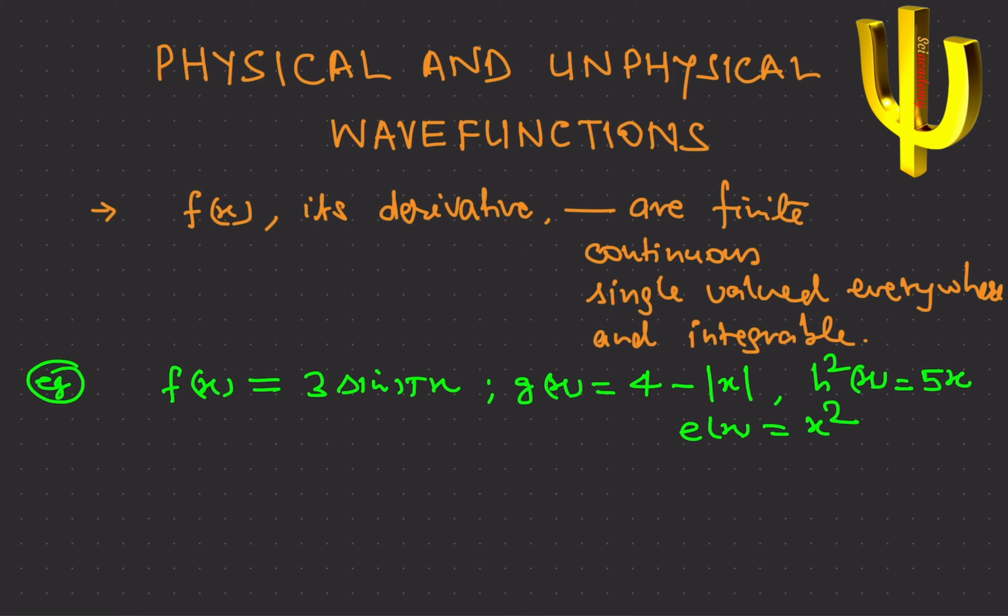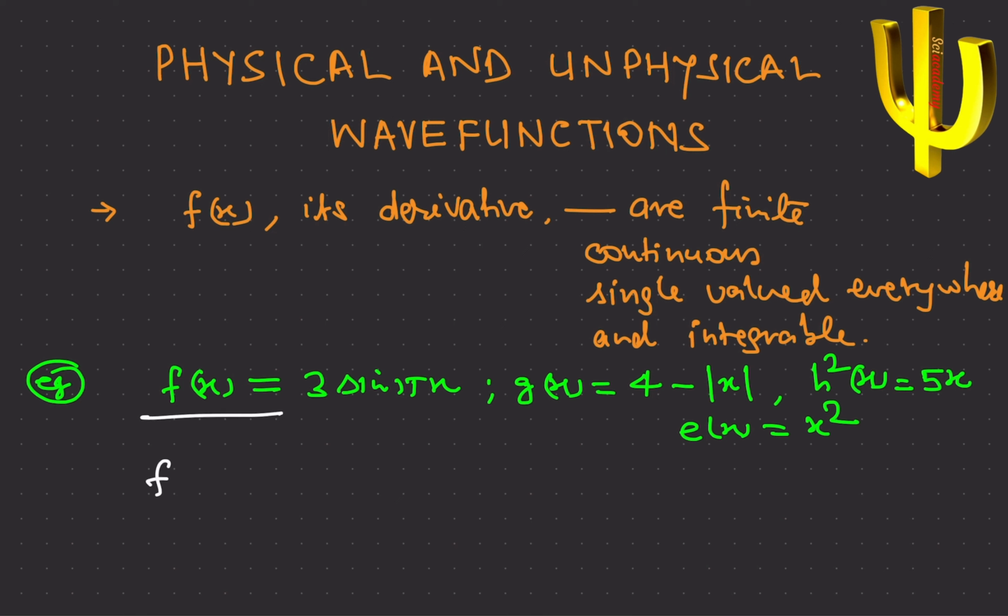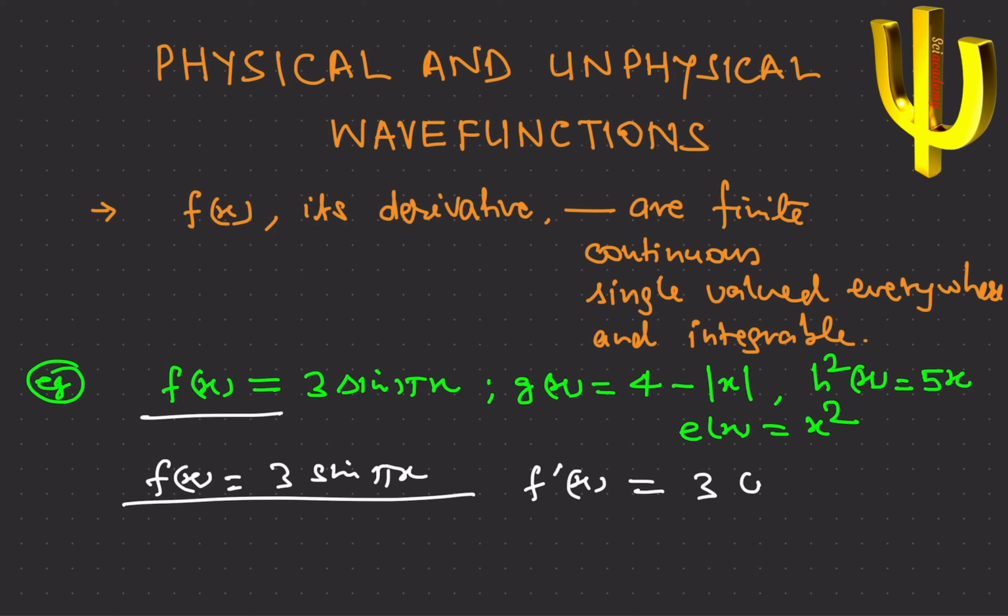So first we take f(x), which is given as 3 sine pi x. Since this function is finite and its derivatives are also finite and continuous, let's find the derivative. f'(x) is equal to 3 pi cos pi x.